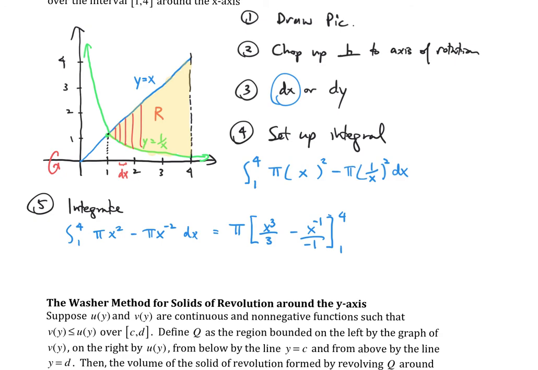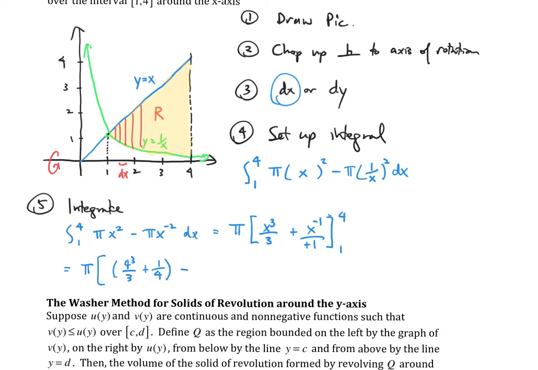So I hope you can see that a negative times a negative is going to give us a positive number. So now we just have to plug in the endpoints. So we're going to get pi times, plug in the 4, you're going to get 4 cubed over 3 plus 1 over 4.